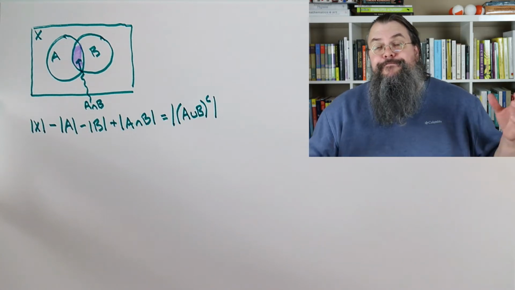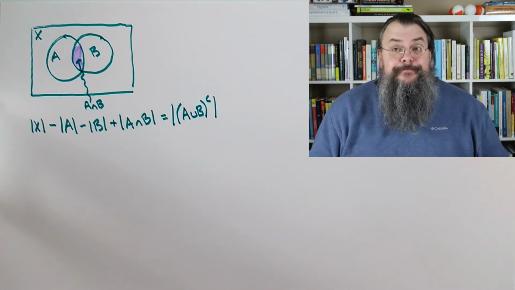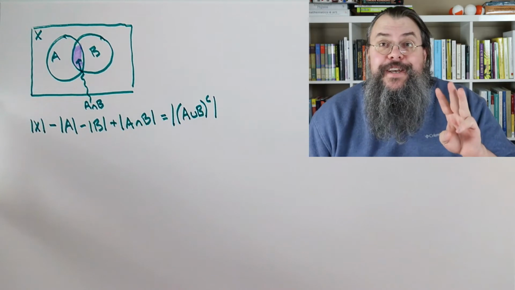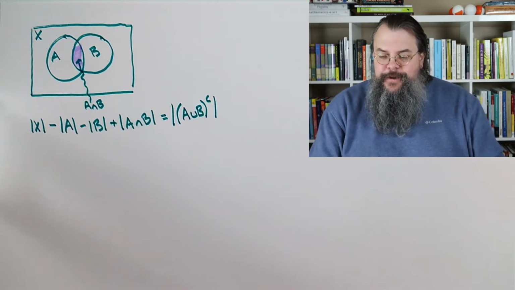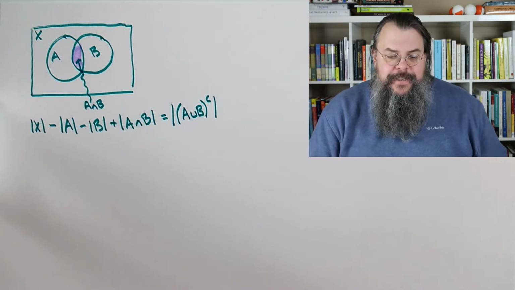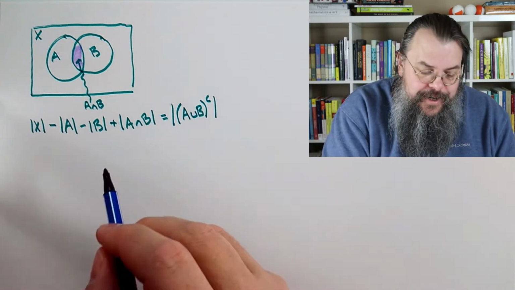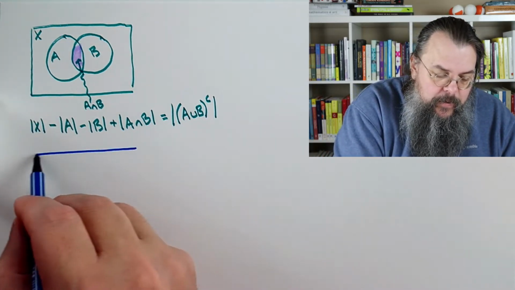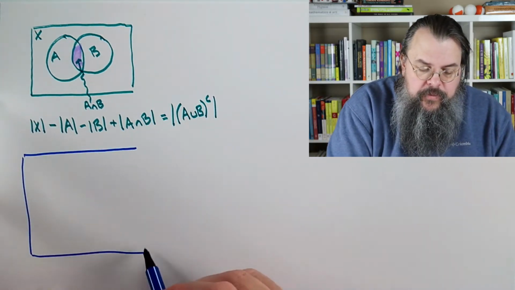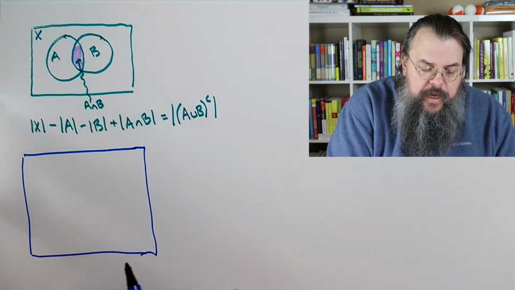Well, okay, 2 is not so bad. How about 3? All right, well, let's try it. Let's see if we can figure that out. So let's think about what's happening here.